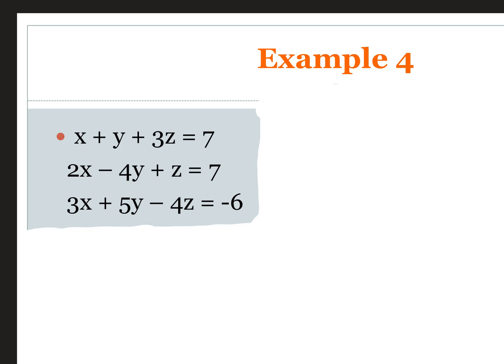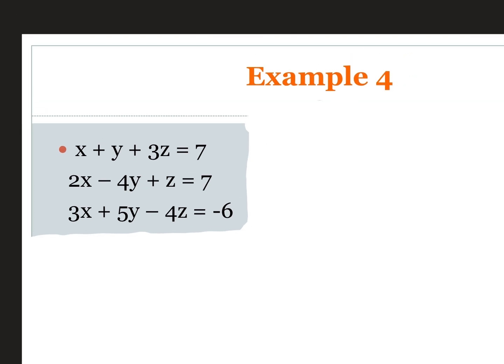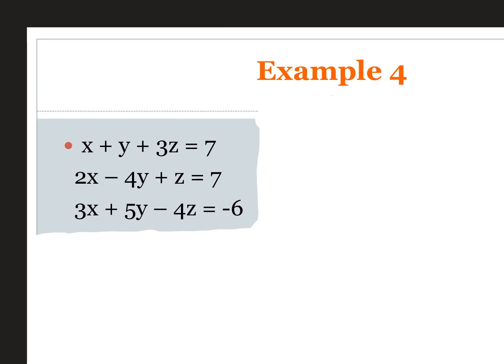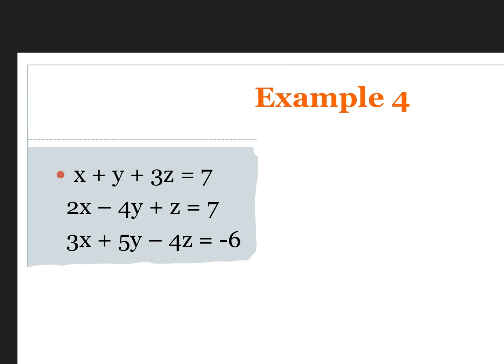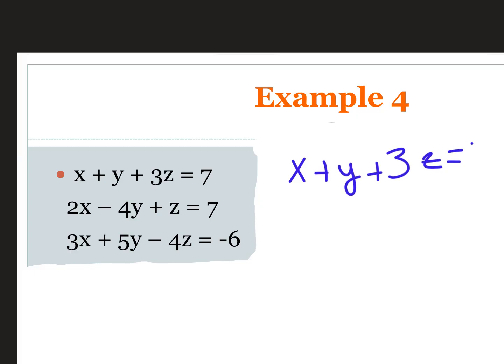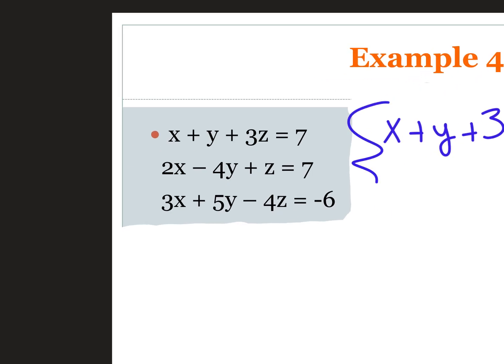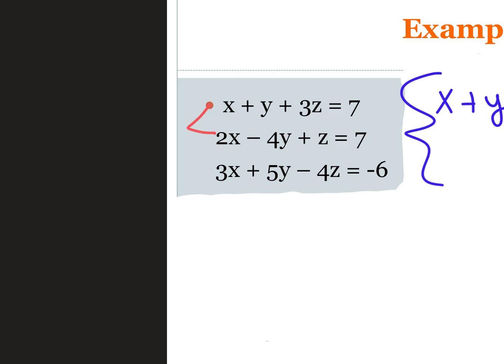All right, let's evaluate. Let's figure out our ordered triple in our 3 variable, multivariable system of equations. My first equation is x plus y plus 3z equals 7. It starts with a positive 1x, so we're good to go. Now I'm going to take 1 and 2.